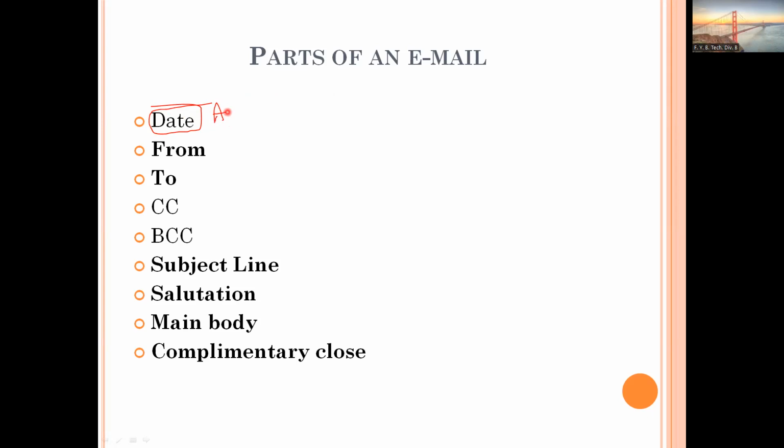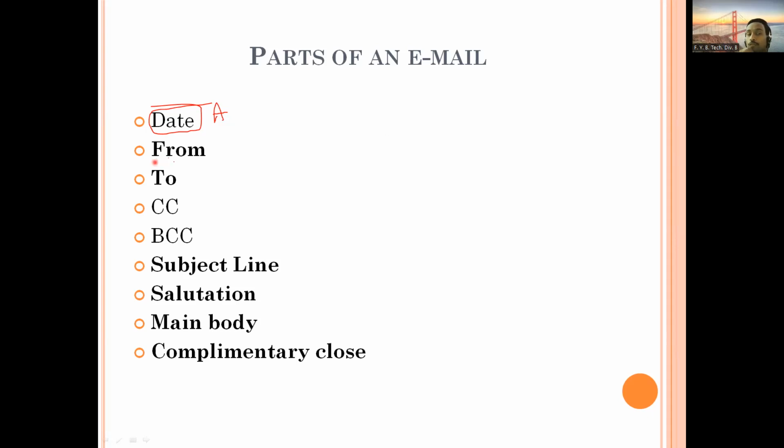If you check your inbox, you will come to know on which date and at what time you sent a mail, whatever mails you send, which you can check in your sent section. In your inbox also you come to know when you received a particular mail, date and time. So the date is recorded automatically by the internet.